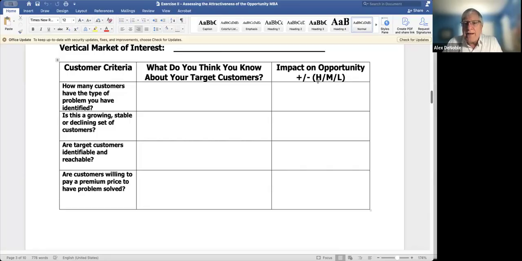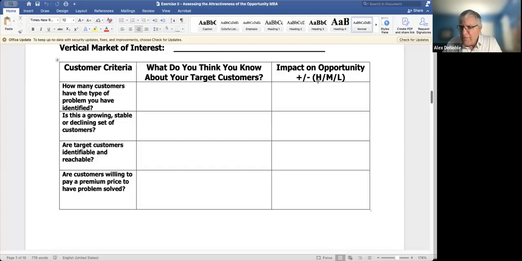So I'm asking you to rate the impact of how you answer that question. Think of your ability to tell a credible story. Is it a high, moderate, or low impact on your ability to tell the story? And will it be a positive impact or a negative impact?